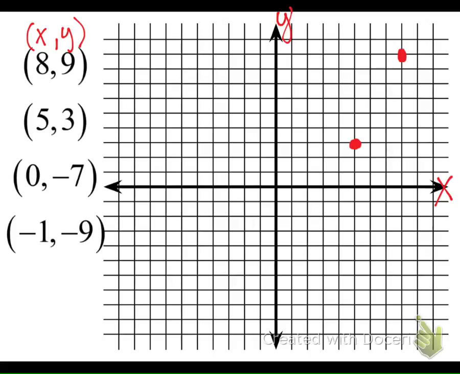Just stay there and then go down 7. Be a lot easier if these are all numbered, wouldn't it? And then my last one. Start at the origin, go over which way? Left. How many? And then what?